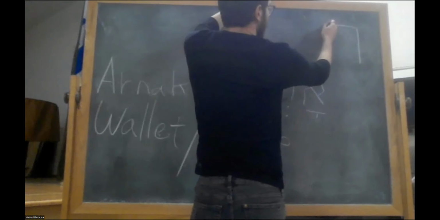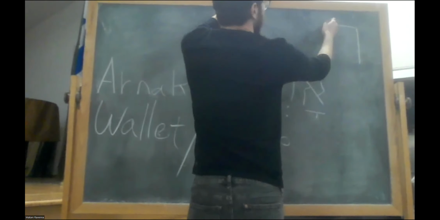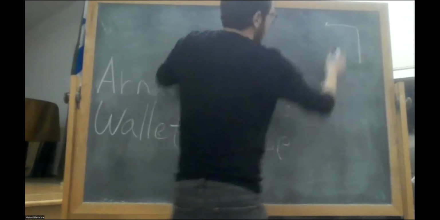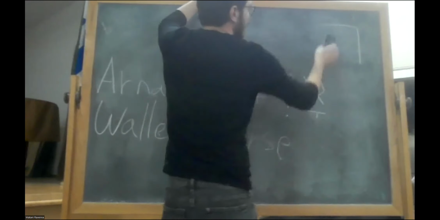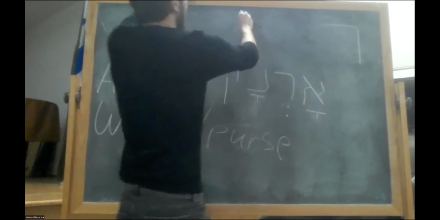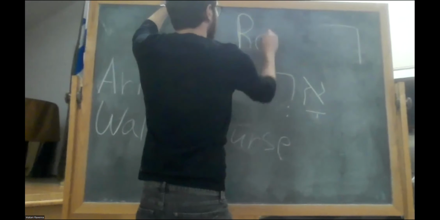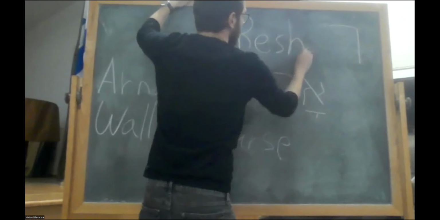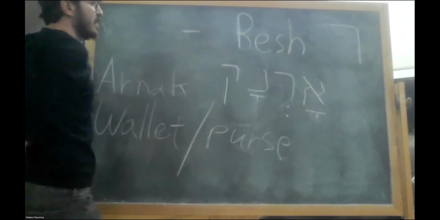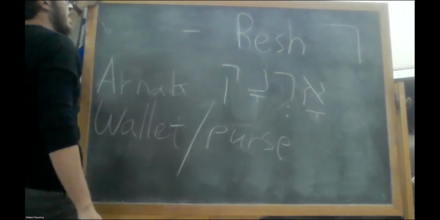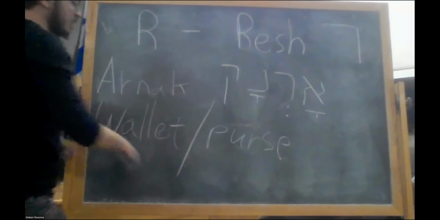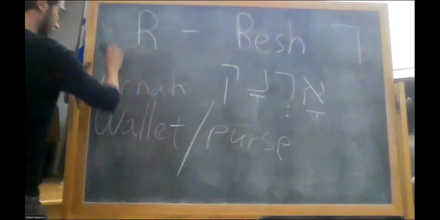Sometimes you'll see the Resh with a little bit of a tail here in the upwards direction. The most common is really just like this, as we can see here. So this is Resh. Very conveniently, very, very conveniently, it behaves like an R. And I have a better example than this one.